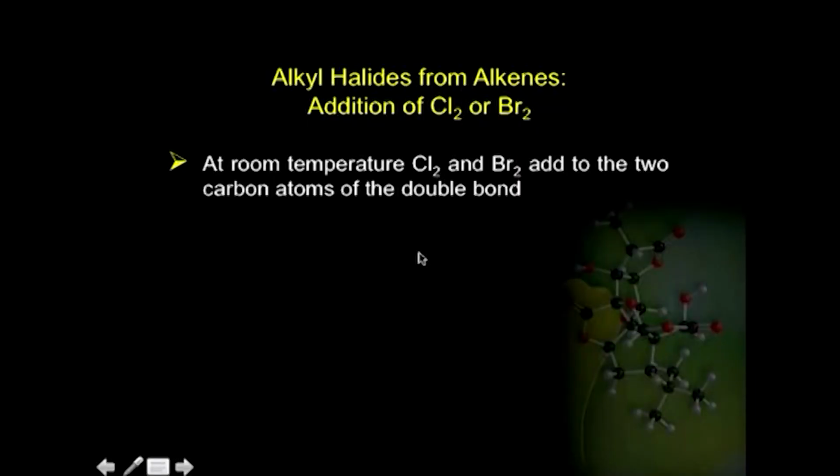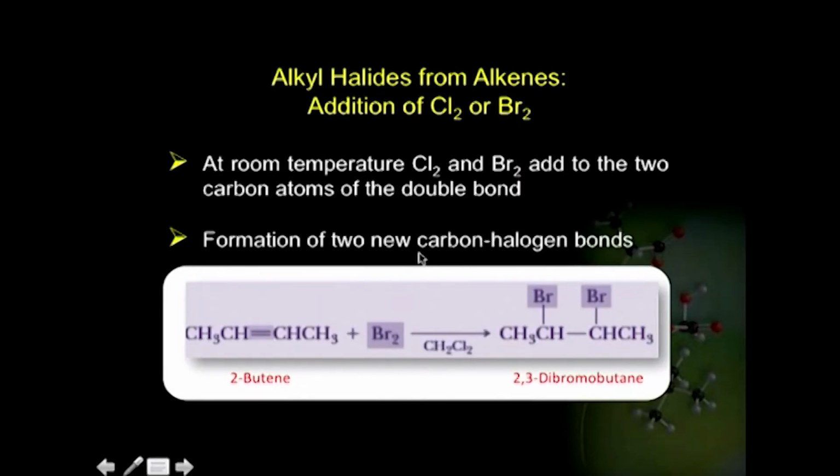Similar to hydrogen halides, we can make halogen molecules also react with alkenes, which again undergo an addition reaction at room temperature and form the alkyl halide. So, there is formation of 2 new carbon-halogen bonds, because in the previous method we had HBr, and here we have 2 bromine atoms.